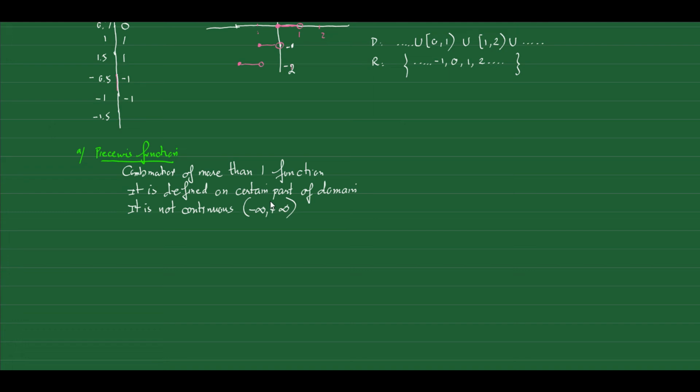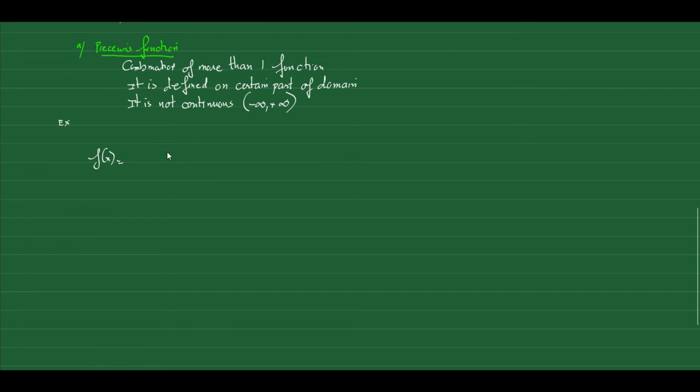Now let me give you an example. What if I have a piecewise function, and this piecewise function is a modulus function? Like, what if I have a linear function like this, and I have an absolute value function?